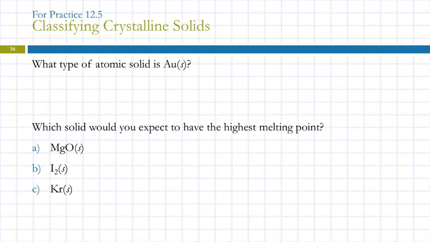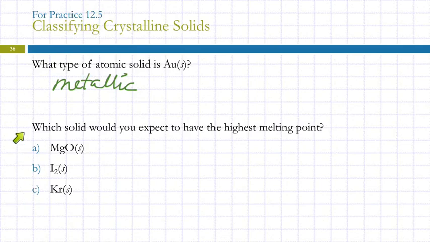Metallic. So it's a metal, right? Au is gold, so this is metallic. The only non-bonding ones would be noble gases, and anything else we asked you about as an atomic solid would be a network covalent.